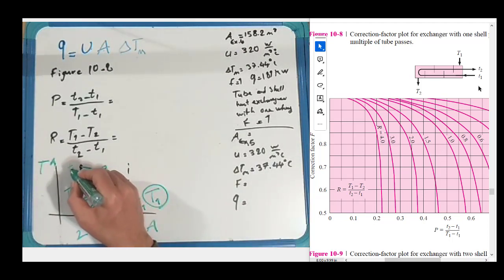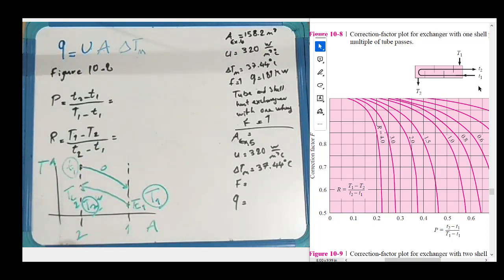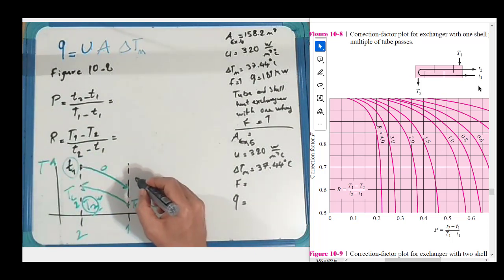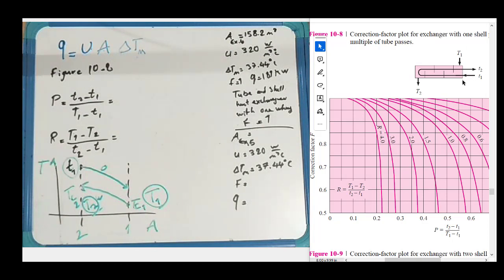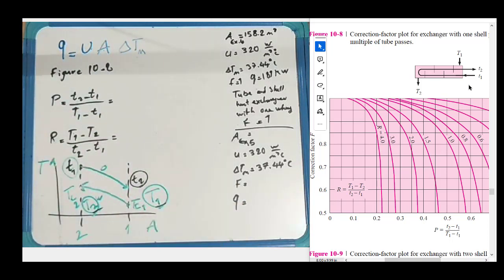Okay, a small t1 here. Let me change my color. T1, and the outlet here, outlet of oil, outlet of hot fluid would be small t2. Okay, we should put these four parameters to calculate P and R. Let's do it.